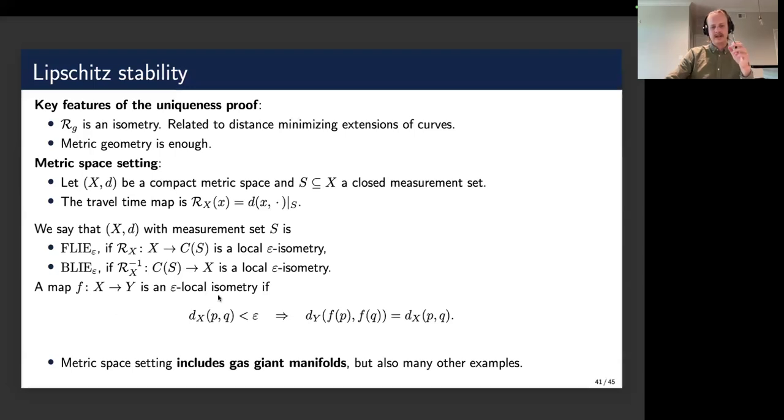And what I mean by that is that, well, it's basically an isometry if you restrict to points which are a priori close to each other. And I want to point out that my point here is that we want to still talk about Gaussian joints, so Gaussian joints are included in this metric space setting, for example. But of course, there are many other examples.